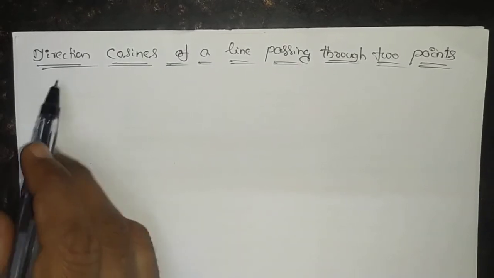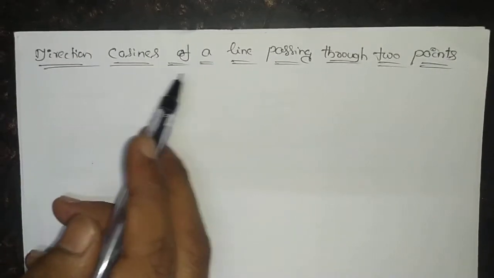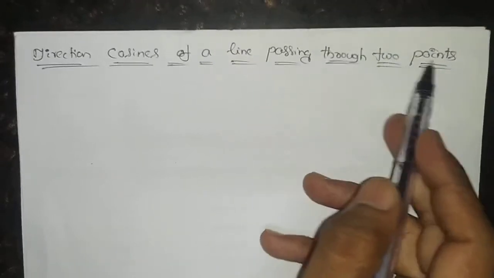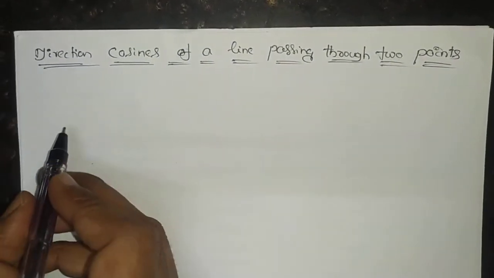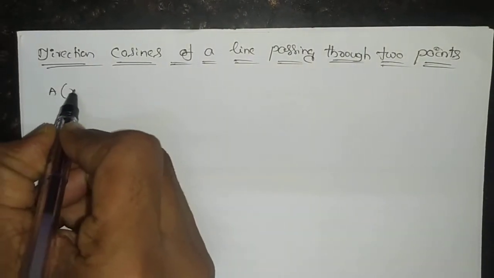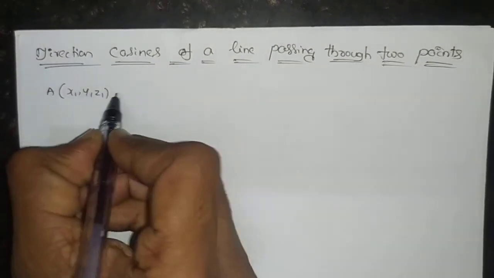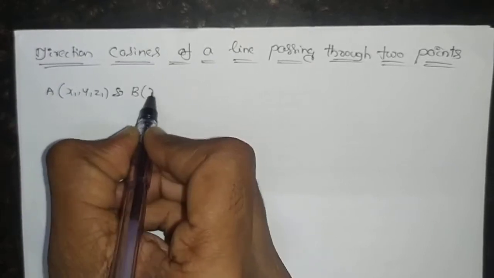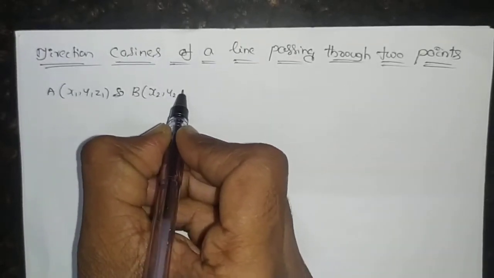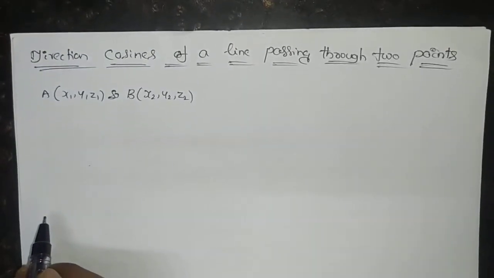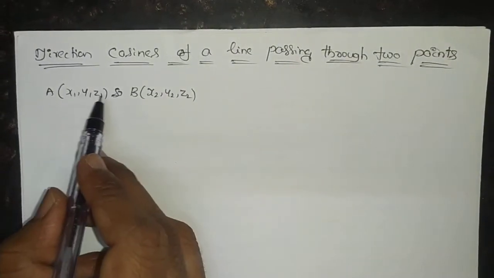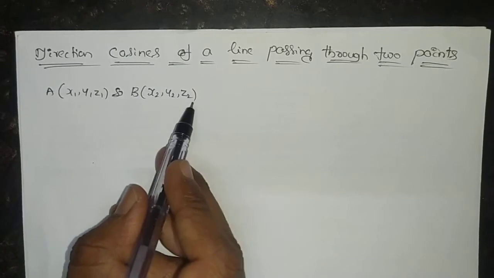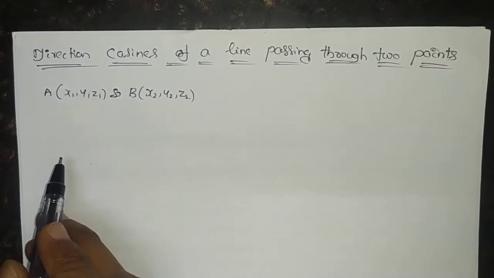Here, direction cosines of a line passing through 2 points. Let the points A(x1, y1, z1) and B(x2, y2, z2) be any 2 points.